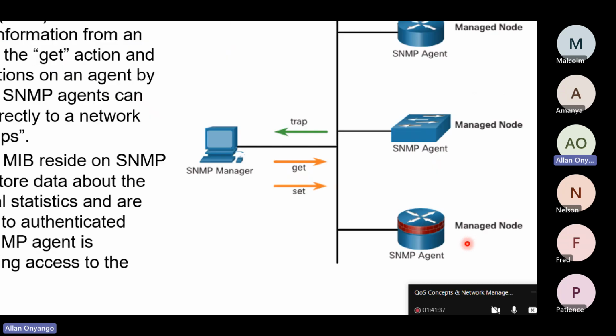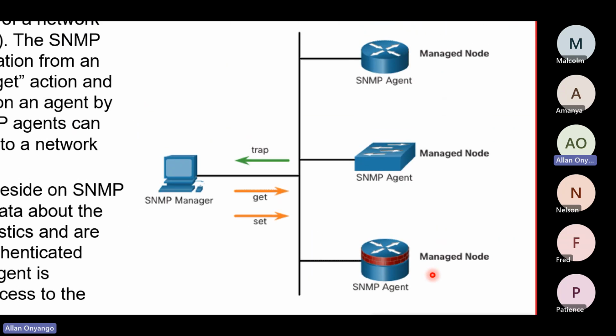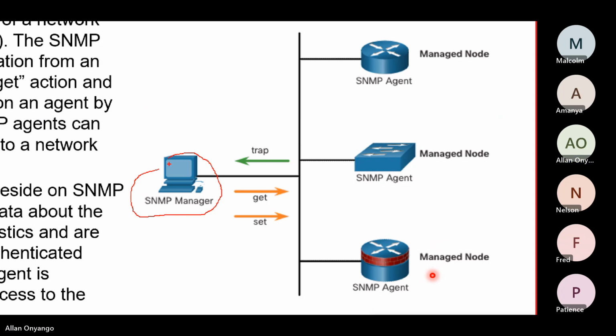So this is a clear example of how SNMP actually works. This will be our SNMP manager that is loaded with the SNMP software, and these are our SNMP agents. Each agent contains a management information base database, which carries information about all these agents.